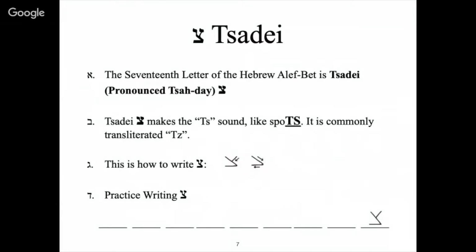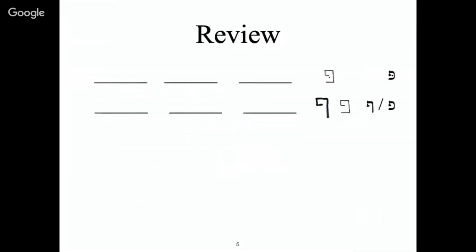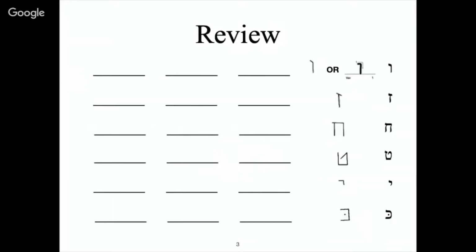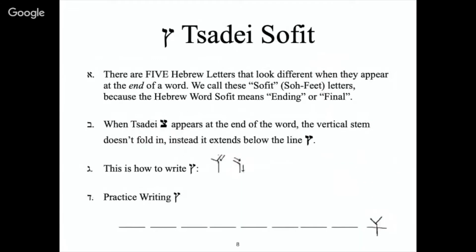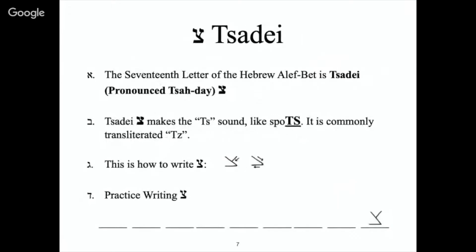So today we are going to look at the 17th letter, let's see. Okay, this is actually the 18th letter. So today we will look at the 18th letter of the Hebrew Aleph Beit, which is Tsadei.